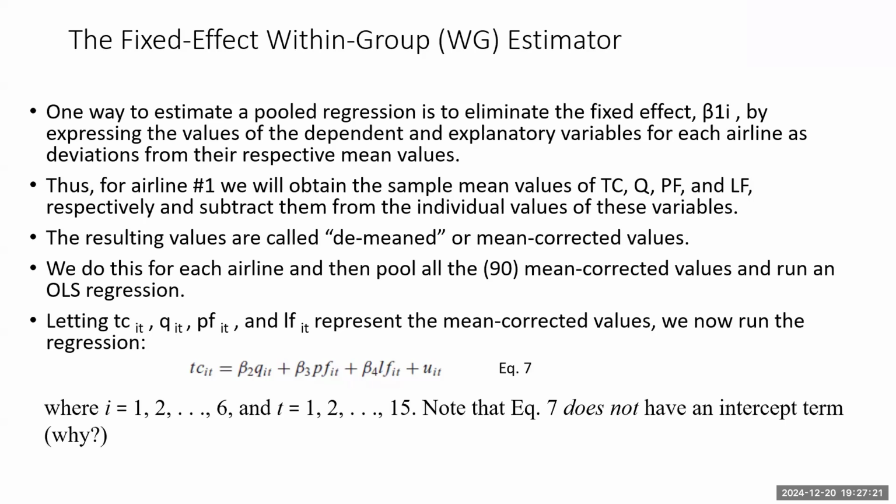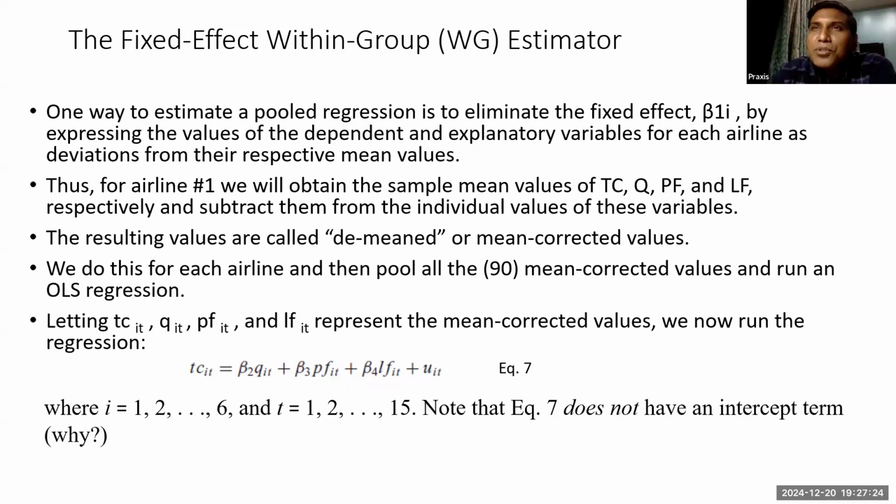You have removed the fixed effect. Yes, because those intercepts were time invariant. So when we do the demeaning, they are removed from the model. Okay, fine. So what have we achieved by doing this? First, we brought the fixed effects from this u into the model, and then we demeaned it and got them removed from the model, right? So this is what we have basically done, and this is the crux of the fixed effect within group model. Okay, I hope this is clear.